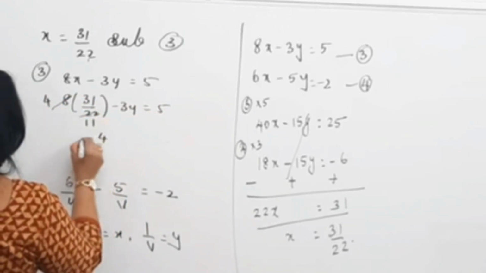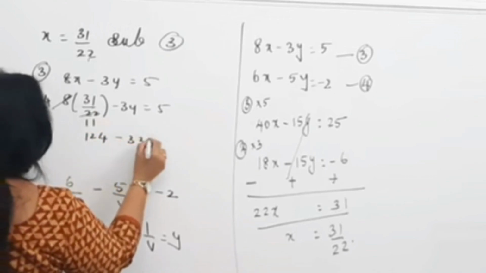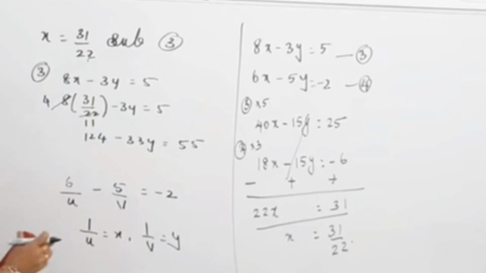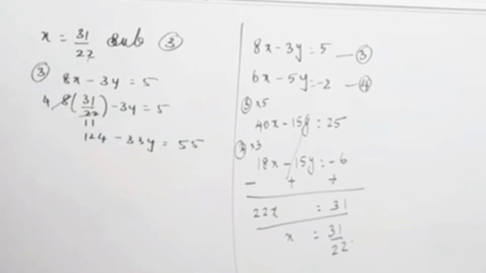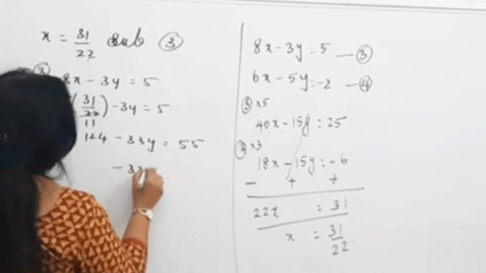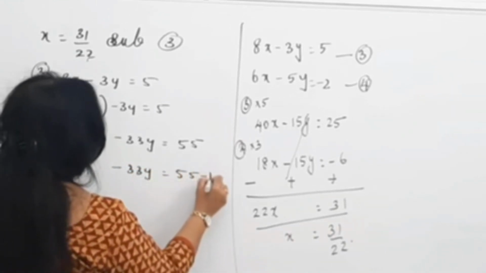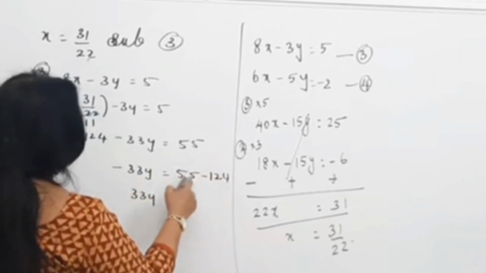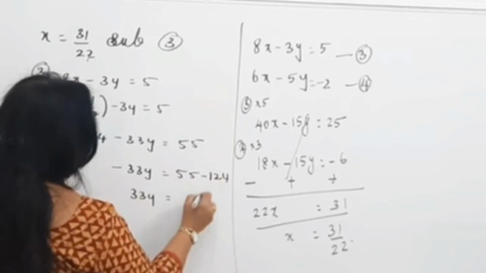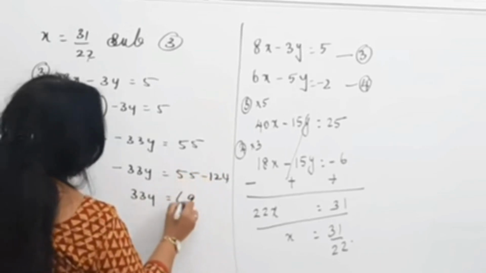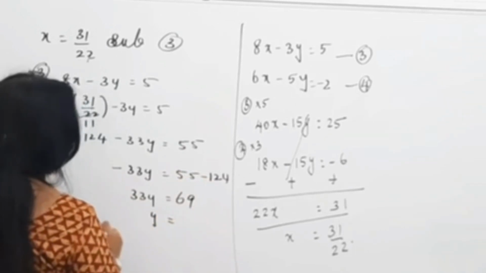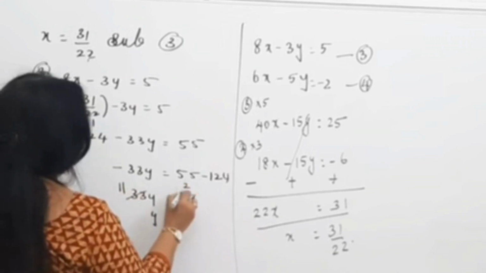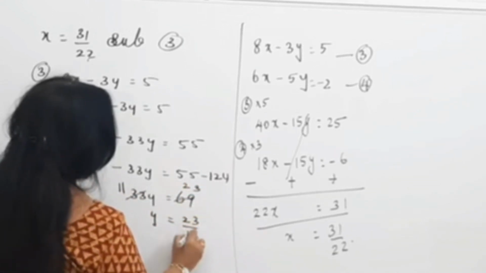So that is 124 by 11 minus 3y is equal to 5. So 33y is equal to 124 minus 55, which is 69. So y is equal to 69 by 33, I have my cancellation, that is 23 by 11.